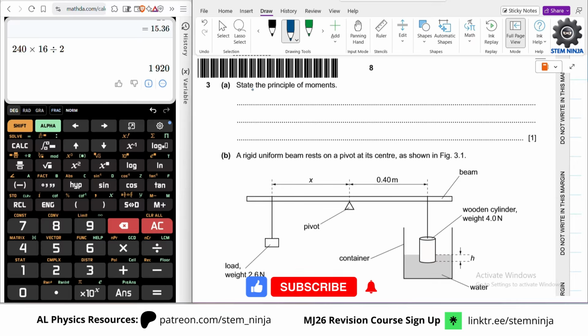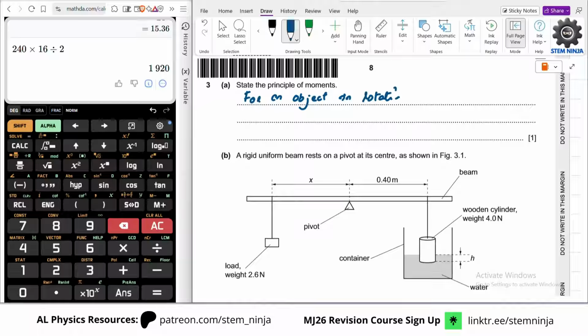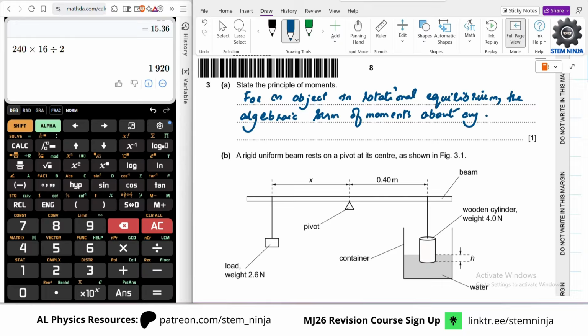For an object in rotational equilibrium, the algebraic sum of moments about any point is 0.